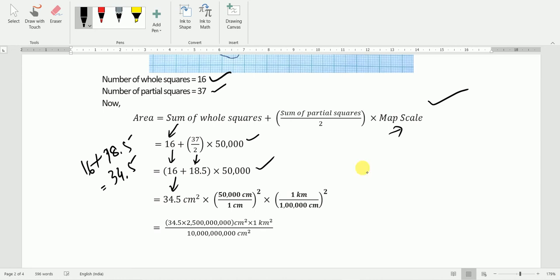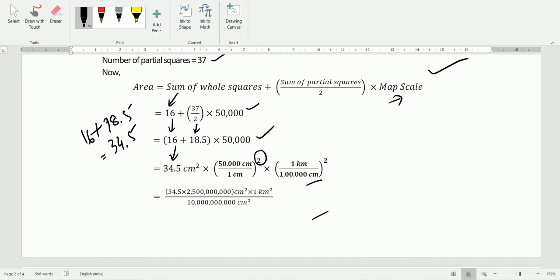So 50,000 is to be squared, and since we are going to express in kilometer, it is to be divided by 1 lakh centimeter, and this 1 lakh also squared, because 1 kilometer is equal to 1 lakh centimeter. It indicates only the distance, and to find the area, it is to be squared.